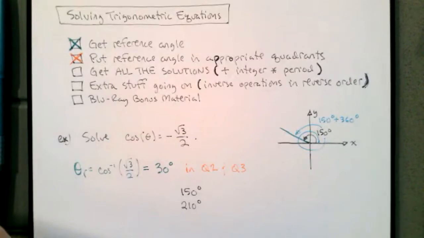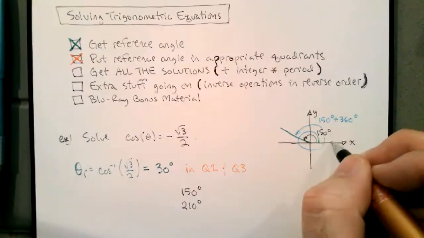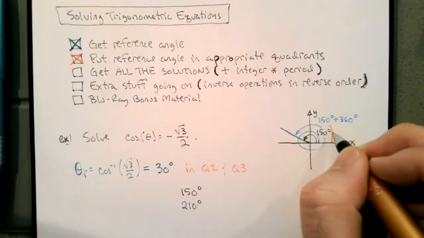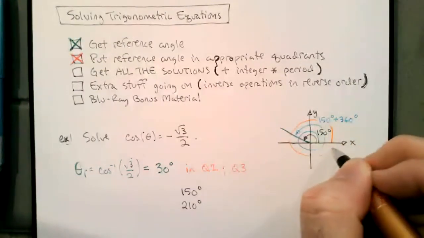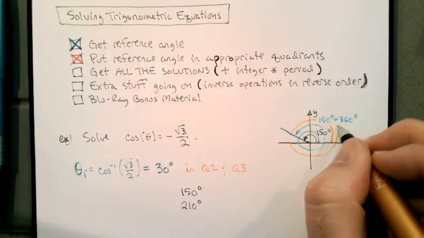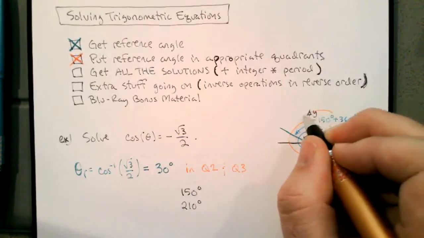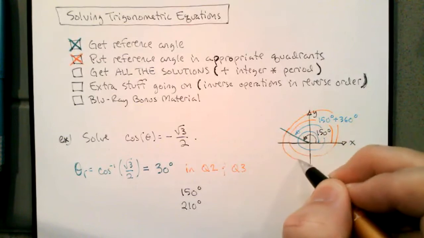So we can do another circle after that. I can do not just once around, I can start at the positive x-axis, go around not once, but twice. So here we are, 150 plus 360, but I can just keep going.